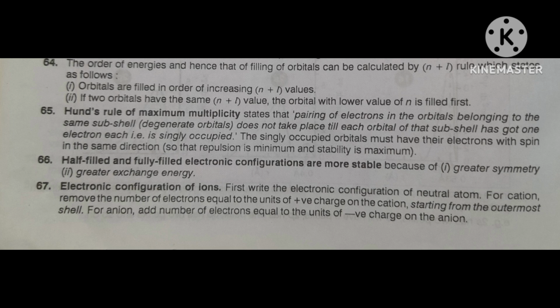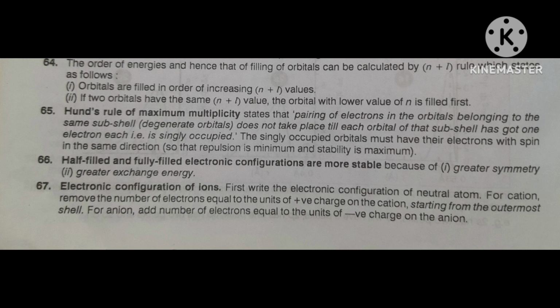Now the next term, Hund's rule of maximum multiplicity. This is also very, very important. What is this rule? This rule states that pairing of electrons in the orbitals belonging to the same subshell, that is also called degenerate orbitals.